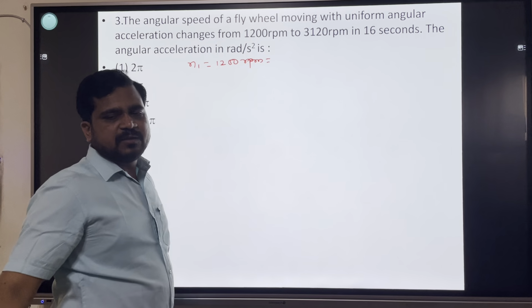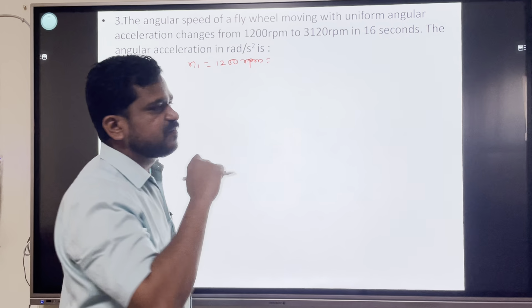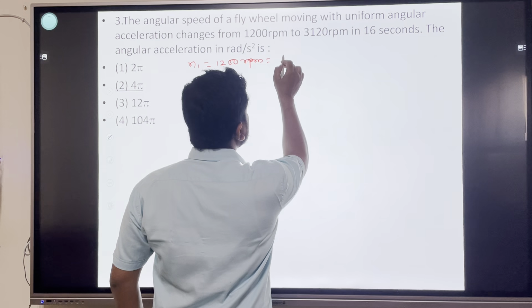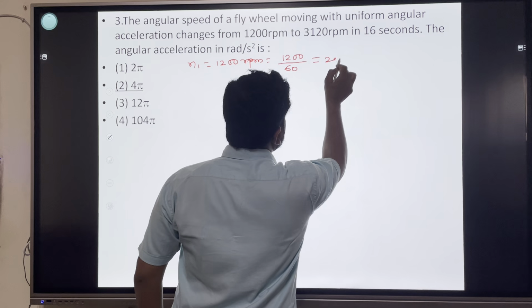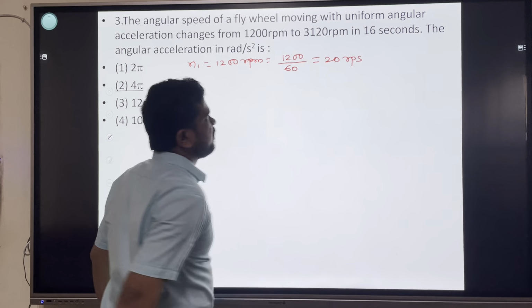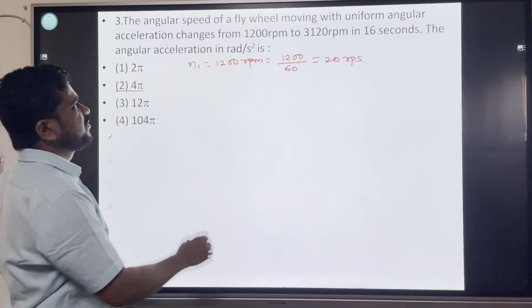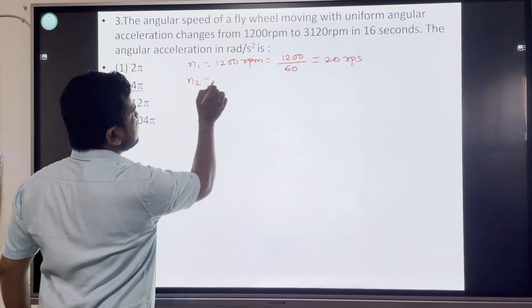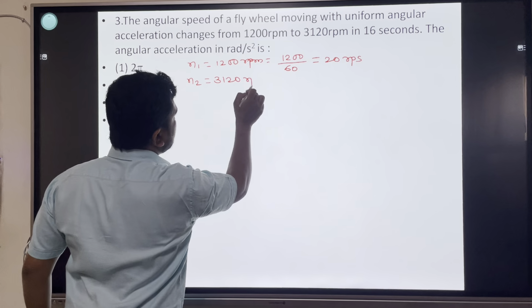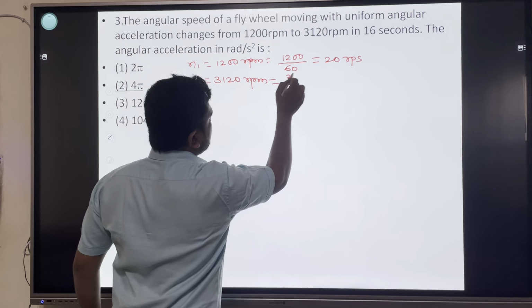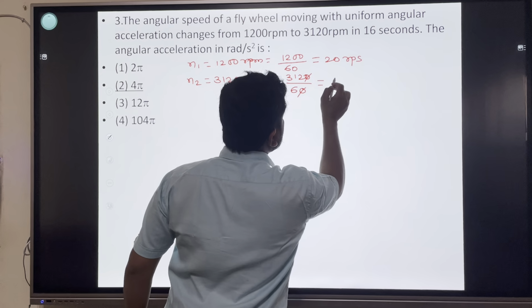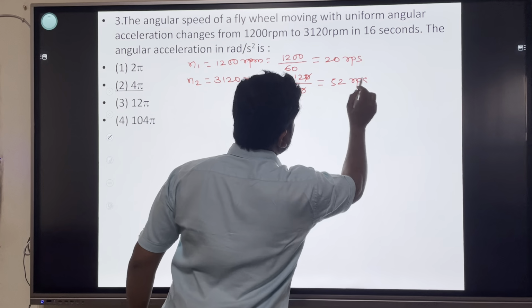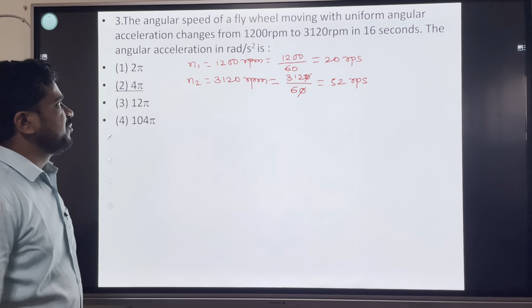We have to find this frequency in rps or hertz. n1 is 1200 divided by 60, which is equal to 20 rps. Next one, the second frequency is 3120 rpm. 3120 divided by 60 is 52 rps, revolutions per second.